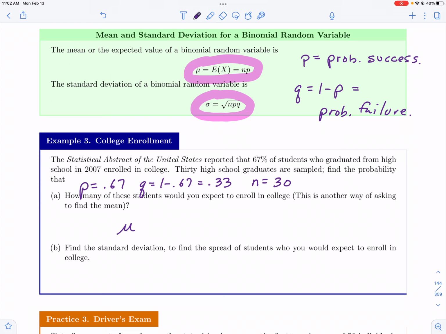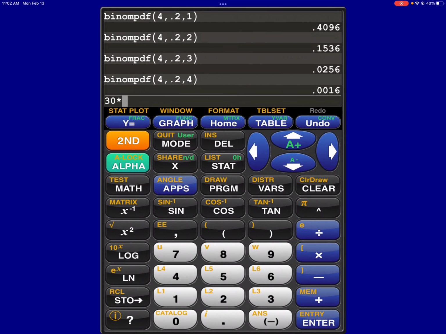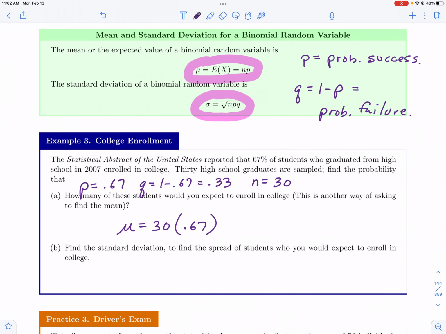So our mu is just going to be 30 times our 0.67, which gives us 20.1. So it looks like we'd expect about 20 students to enroll in college, 20 out of the 30.